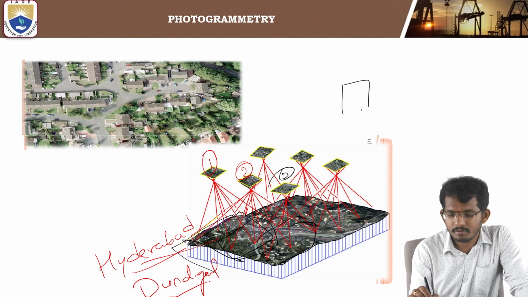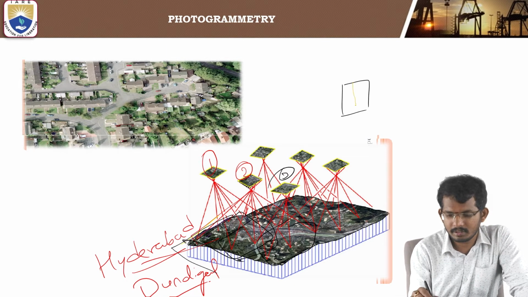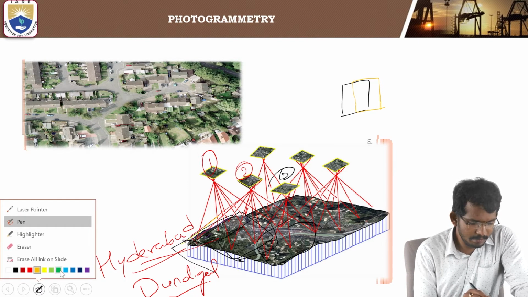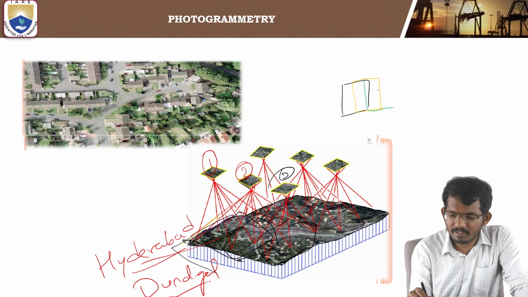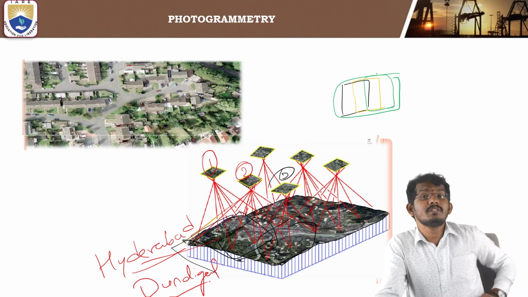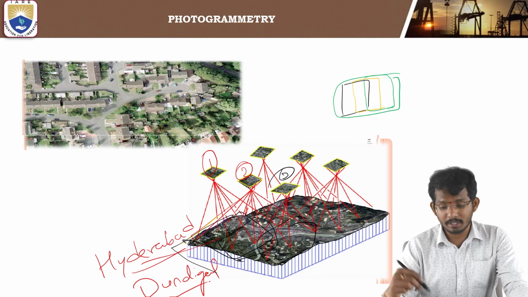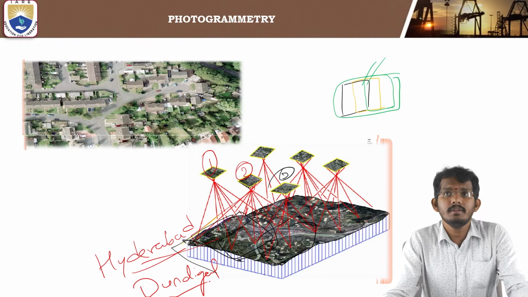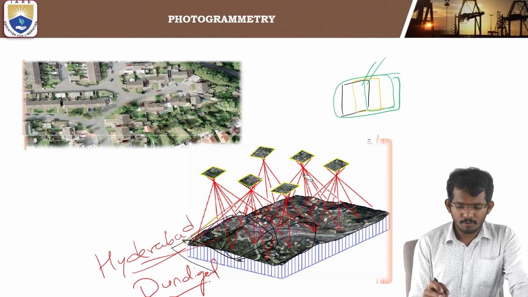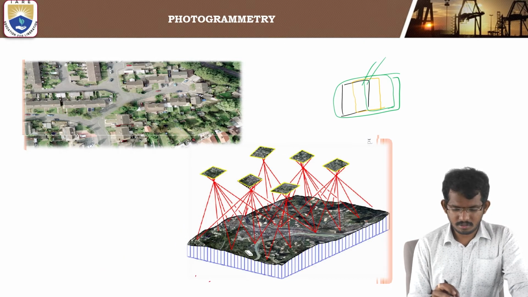So the first photograph is overlapped by the second photograph, and the second photograph is again overlapped by the third photograph by 67% of the previous image. So I have taken 3 photographs like this. When I go for the process of interpretation, analyzing using stereoscopy, I get the 3D view of the particular location. So like this, photogrammetry is done using airborne vehicles.